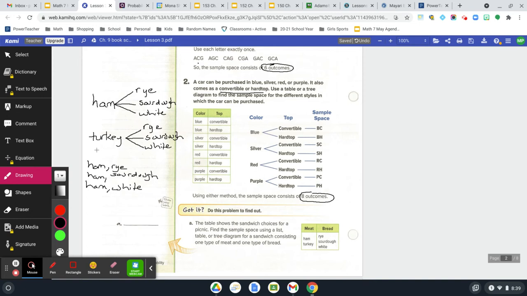Then go to turkey. You can get a turkey sandwich with rye bread. You can get turkey, and I'm going to follow that branch, sourdough. And then you can also get a turkey and white.